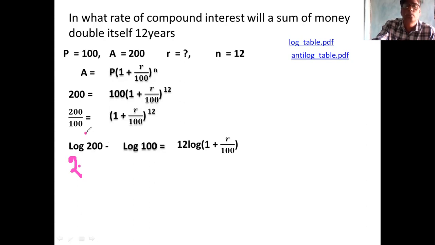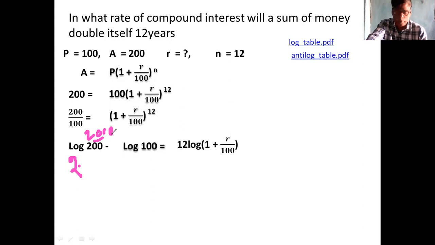How to make it 4 digits? 2, 0, 0, 0. You give one more 0, no problem. You consider this as 2000. 20 in the first column, 0 in the mantissa, mean difference 0 column. What is the answer? Tell me.